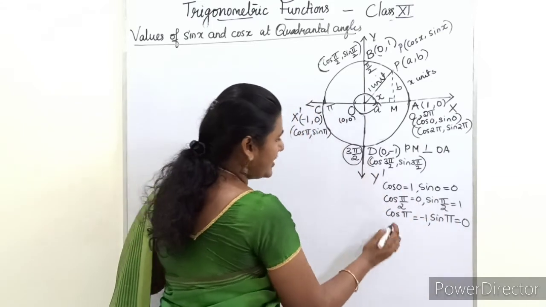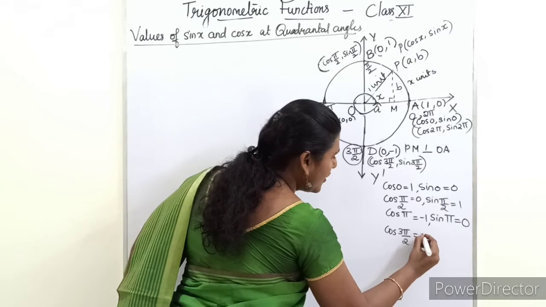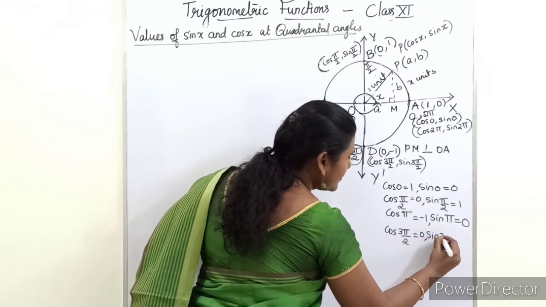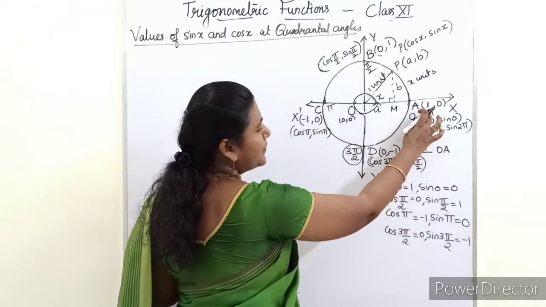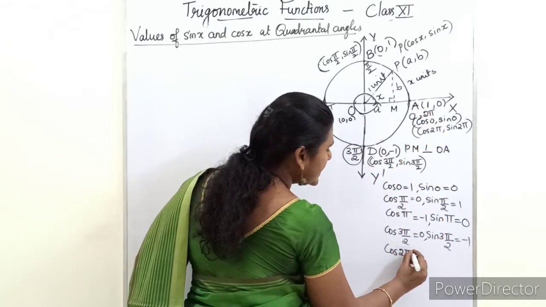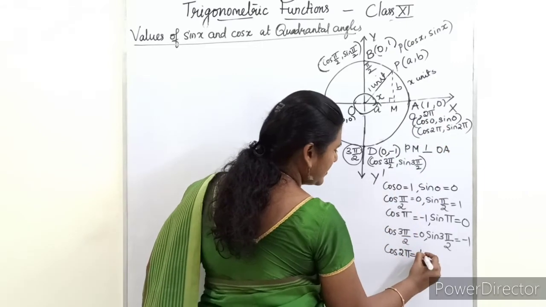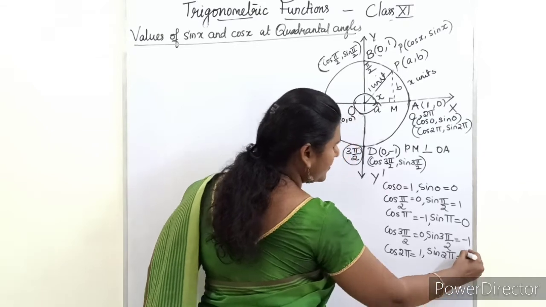At this point we can write cos 3 pi by 2 is equal to 0 and sin 3 pi by 2 is equal to minus 1. Again at this point 2 pi, cos 2 pi is equal to 1 and sin 2 pi is equal to 0.